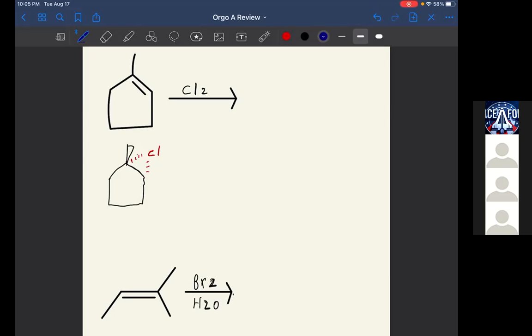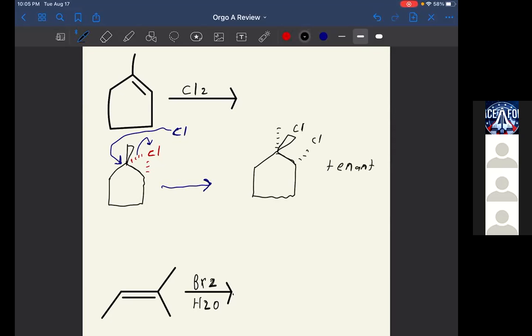So once it does that, this will leave. And since it's Cl2, there's no solution. The other Cl would then come in and attack from the back side, which would then form that.